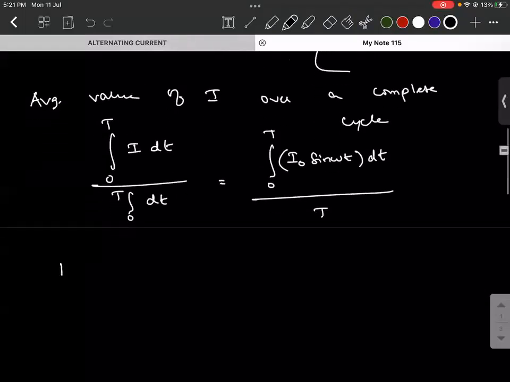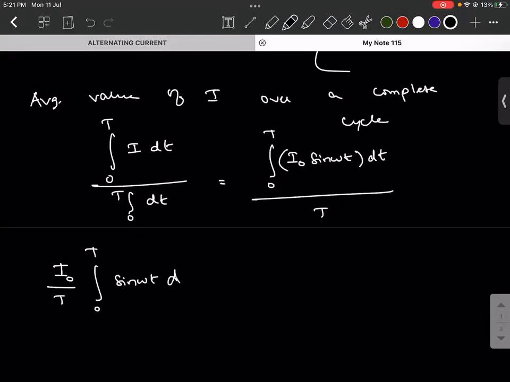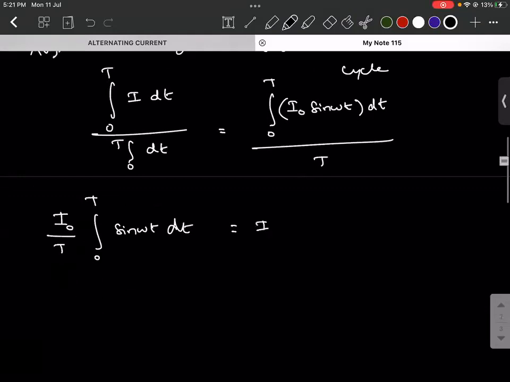So, can I write this as I naught divided by T into integral of 0 to T sine omega t dt? Now, this will be equal to I naught divided by T into, what is the integral of sine omega t dt?